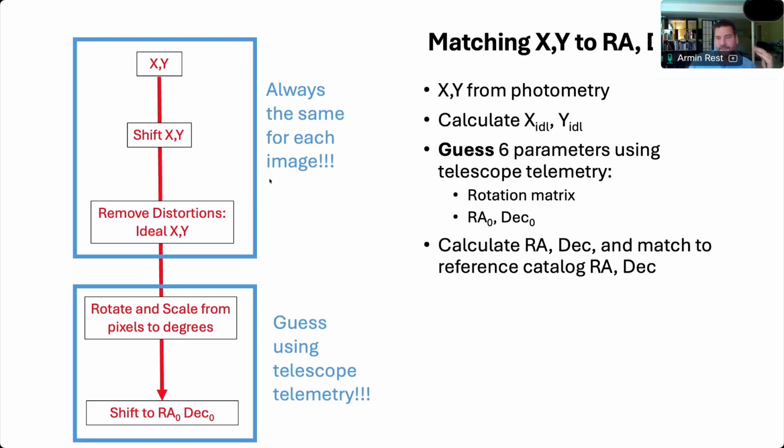So you guess the 6 parameters that we use to do the rotation and the shift, and you use this guess to get an estimate of the RA, Dec, and then you match that to the reference catalog.